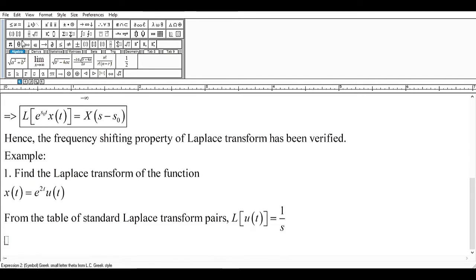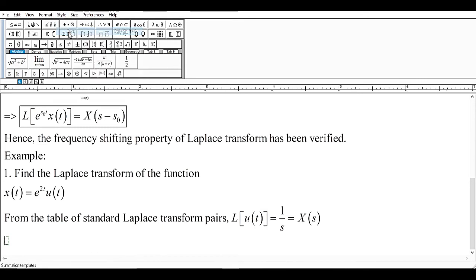Next, we are going to apply the frequency shifting property. Here the value of s0 is equal to 2, because the factor that is provided is e^(2t). Let us call it X(s).